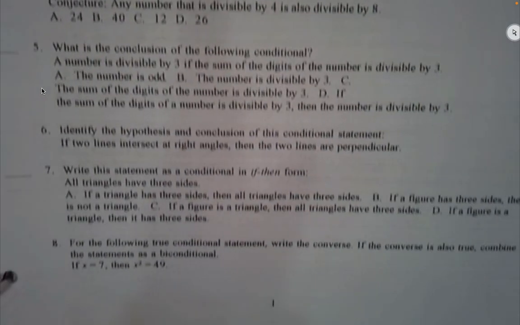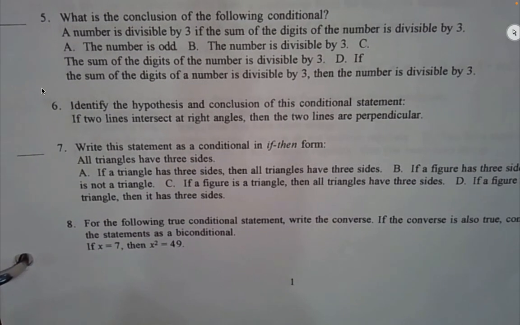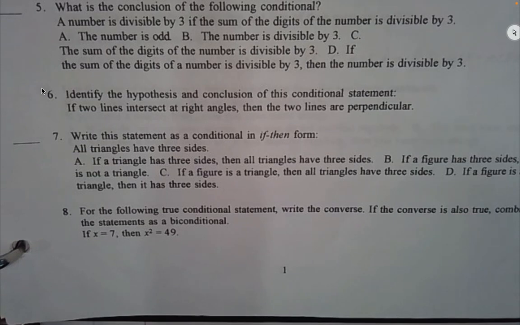Number 5 says, what is the conclusion of the following conditional? A number is divisible by 3 if... okay, that's when I know this one's a trick. When it starts with the word if, it's easy to see. I'm going to underline my hypothesis real quick. My hypothesis is what comes after the word if: the sum of the digits of the number is divisible by 3. What's my conclusion?